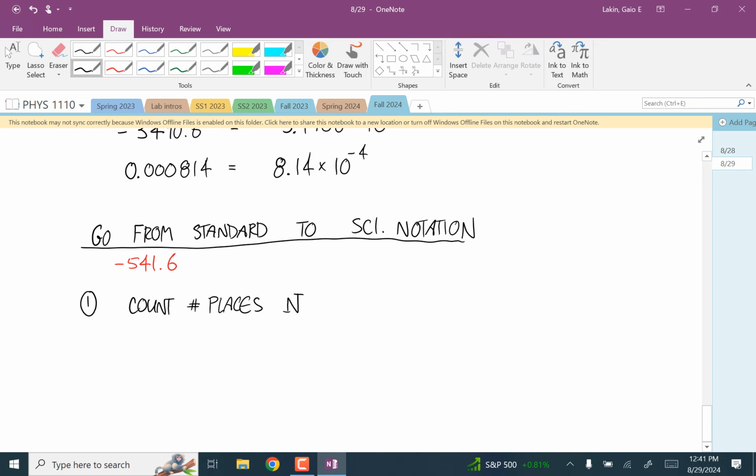I'm going to call this number that we're counting capital N. So count the number of places N that you'd have to move the decimal point left or right to have one non-zero leading digit.